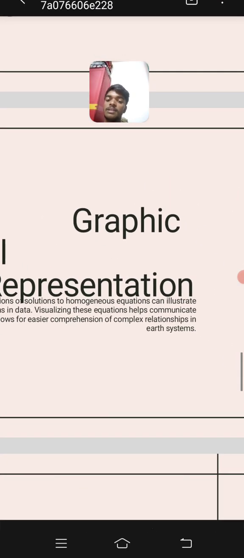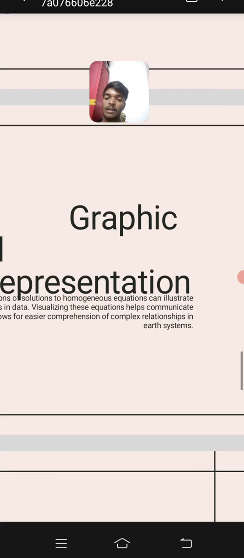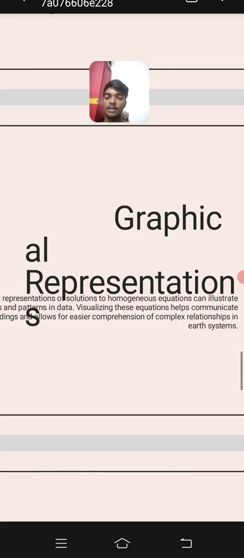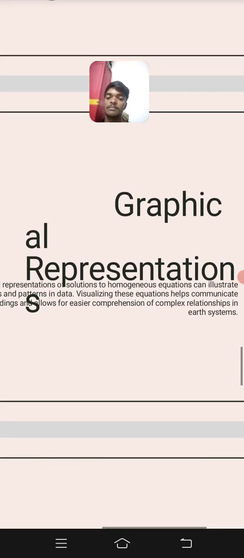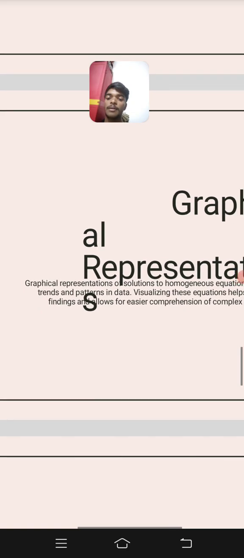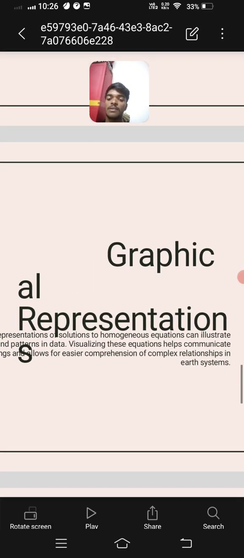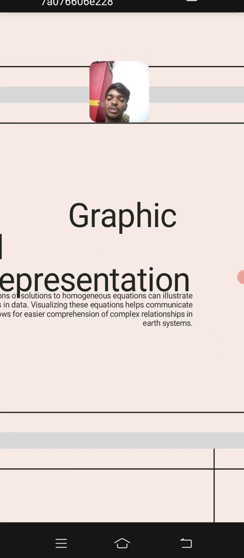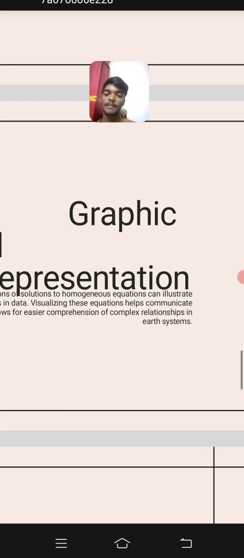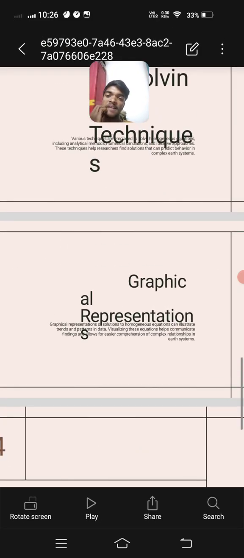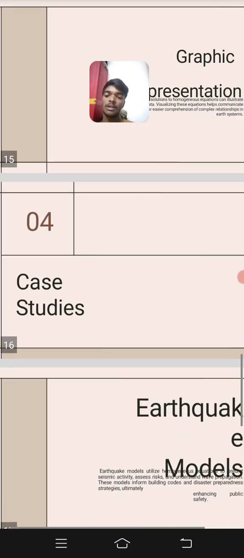Visualizing these equations in graphical representation helps communicate findings and allows for easier comprehension of complex relationships in Earth systems. So by this we can understand that homogeneous equations help in earth science a lot.